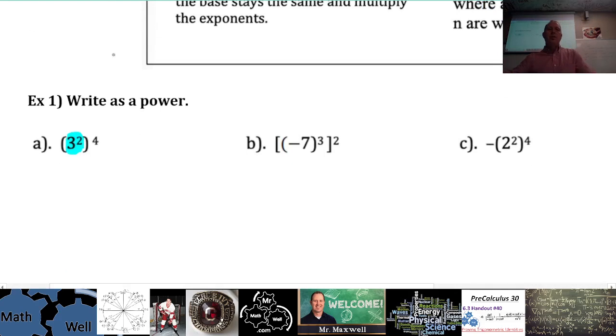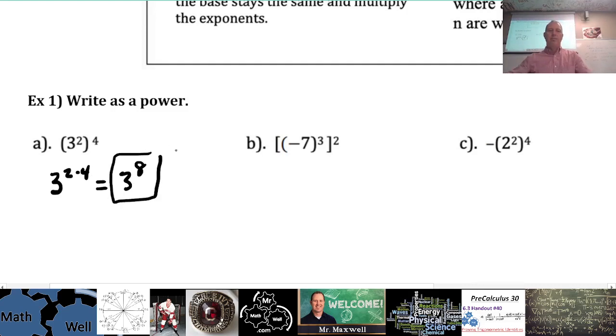The rule we just learned is that if you have a power raised to a power, you use the same base and you simply multiply the exponents. So that's 3 to the power of 8. That's our shortcut, our rule. Now, what I said just now, if you view this as 9, this is actually 9 to the power of 4.